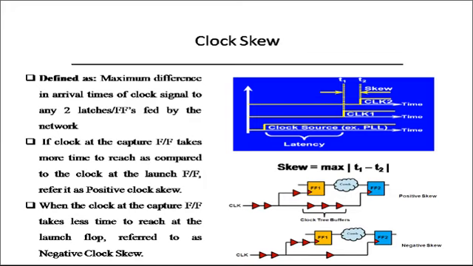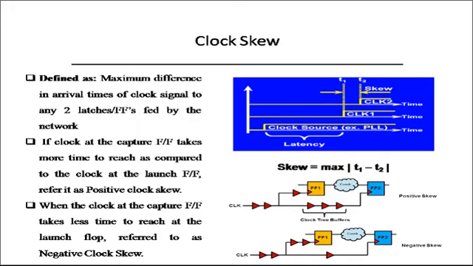The diagram itself will explain the positive skew. You can see that there is more delay in flip-flop 2 as compared to flip-flop 1. And in negative skew, if you see carefully, there is more delay in flip-flop 1 as compared to flip-flop 2.